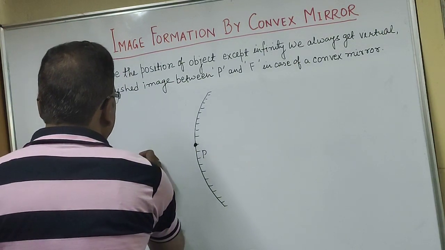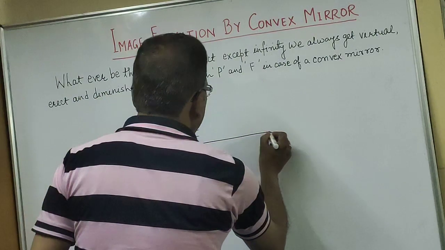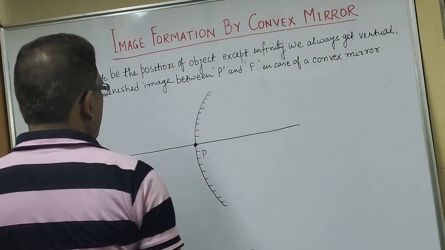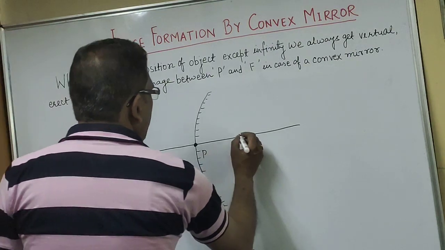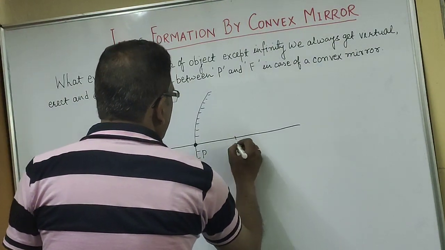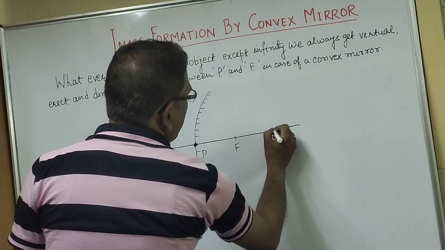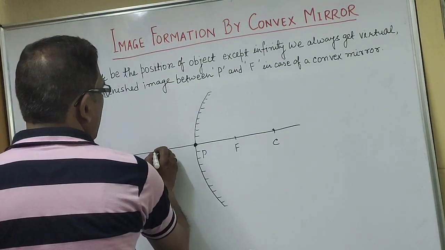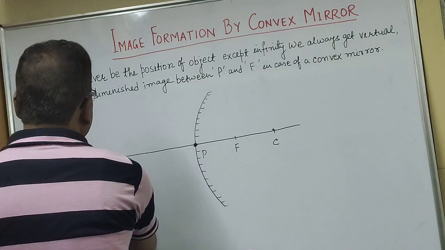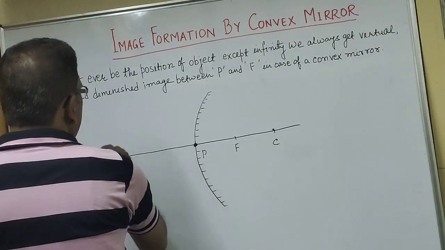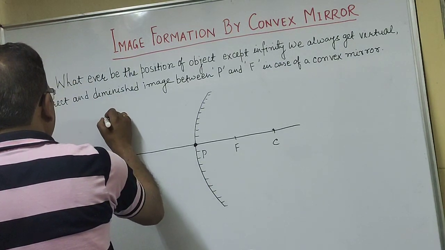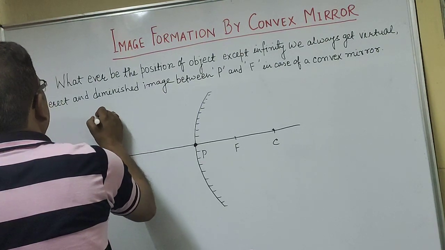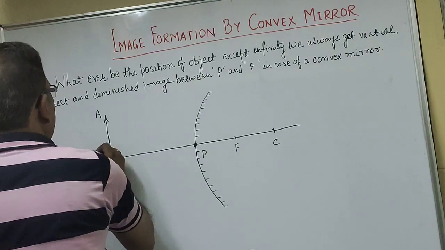Draw a horizontal line through P. Now assume the object is anywhere. Suppose this is F and at equal distance we have C. On this side you can also mark the distances. Let the object be somewhere here. Let AB be the object.